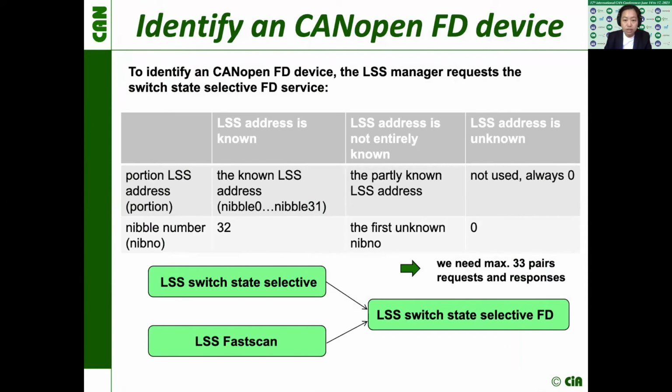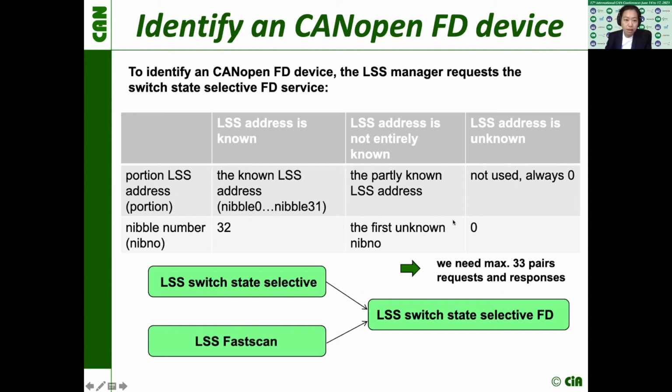So after introducing the new service, I listed here the use cases that we could have when the LSS manager requests the switch state selective FD service. For different use cases, the values of the parameters portion, LSS address, and neighbor number are shown in the list.